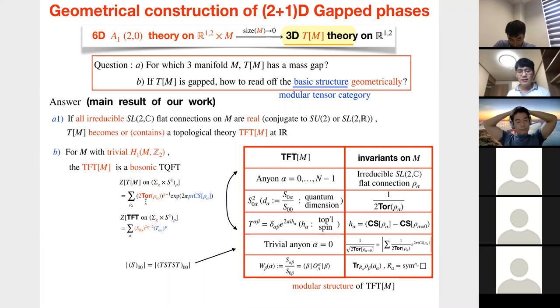The lower one is familiar. It's general. This is some gluing of solid tori, which is clear. But the upper one is quite non-trivial. I want to understand what it predicts from the lower one.